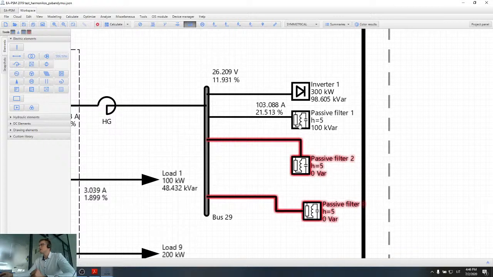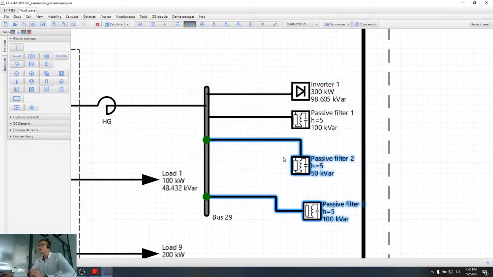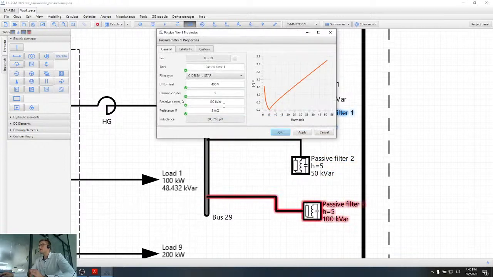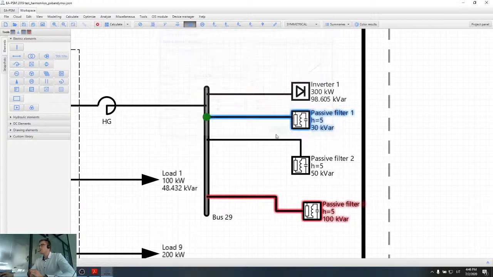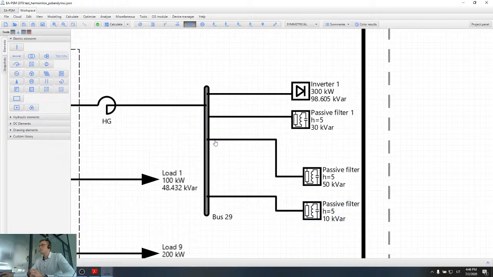Let's say I copy parameters from this filter here, and I simply reduce the power of the filter. So 50 kilowatt here, let's say 30 kilowatt here, and 10 kilowatt here. This works in the same way as a capacitor bank.